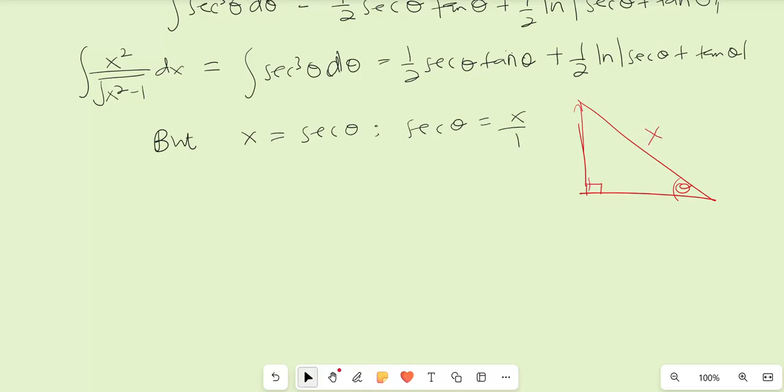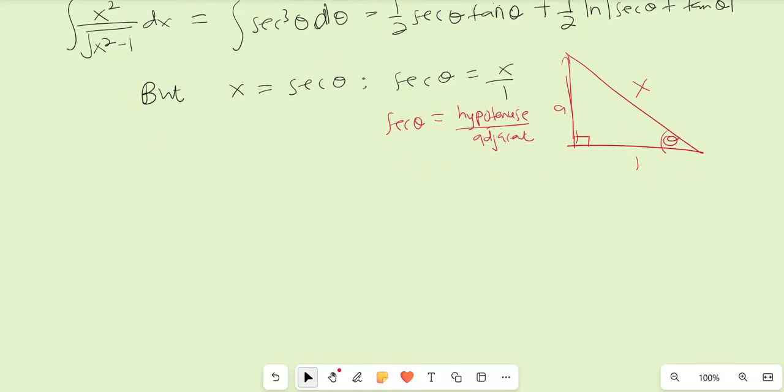So this side is x. Secant is hypotenuse over adjacent, so the adjacent is 1. This line is adjacent to the angle theta, and this is the opposite, which we can call A. Now let's use the Pythagorean identity to find the length of A. x squared, the square of the hypotenuse, is equal to the sum of squares of the other sides, A squared plus 1 squared.